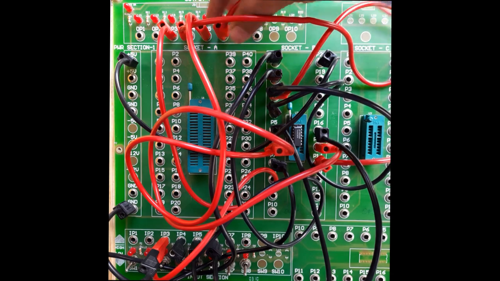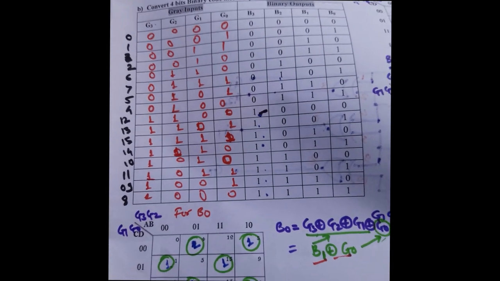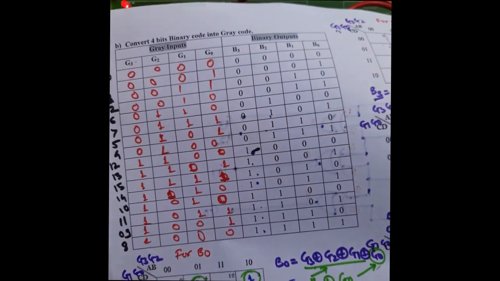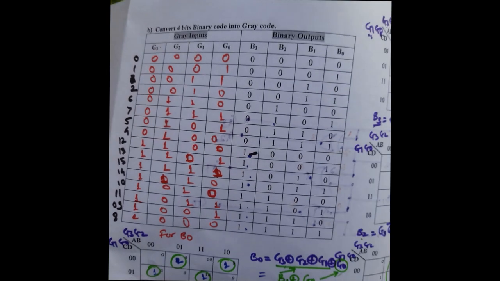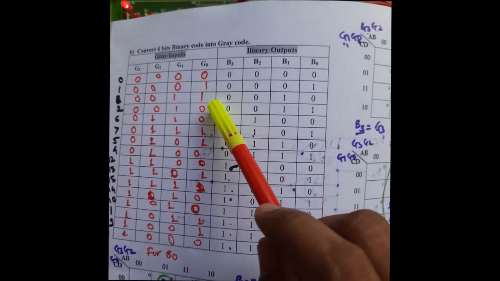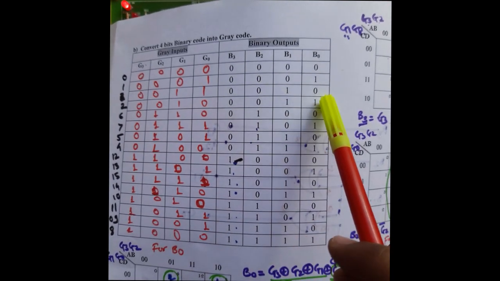Now we need to verify the truth table. For the truth table, suppose I consider all 0 0 0 0. For the first case the required bits are 0 0 0 0. Now if I consider 0 0 1 1, that is a gray code sequence, you will get 0 0 1 0.